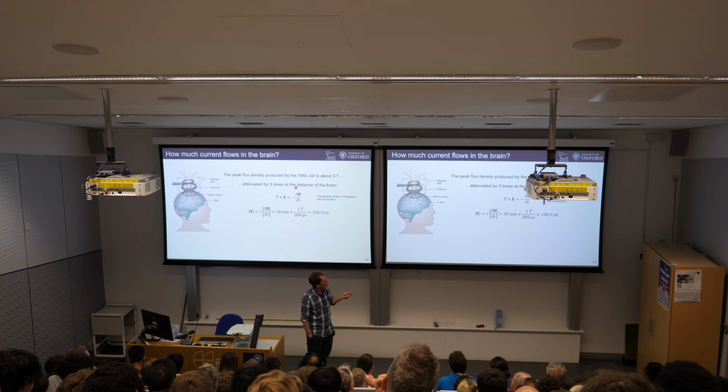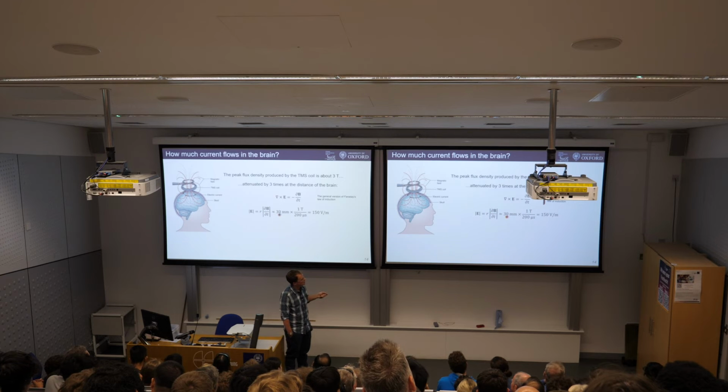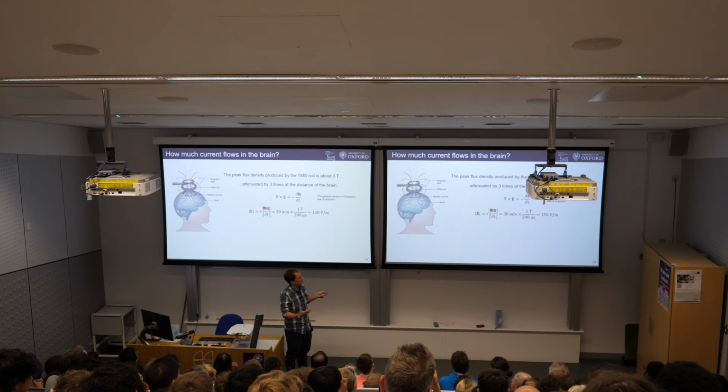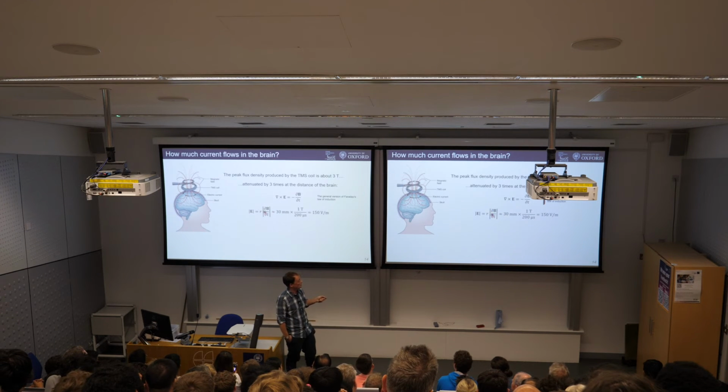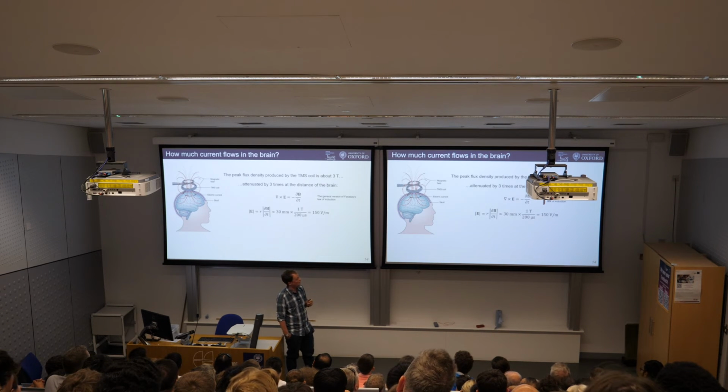So, without getting into the nuts and bolts of the vector calculus, we can make some relatively simple approximations and say that the strength of the electric field we produce is roughly the radius of the effect multiplied by the rate of change of the field, and this will give us the magnitude of the electric field in the brain.